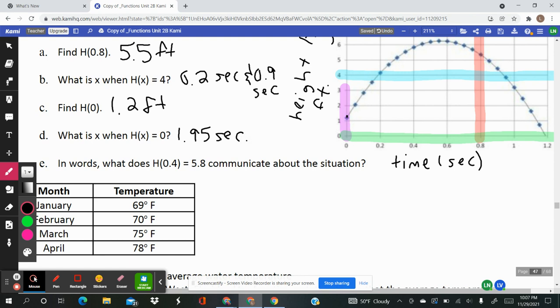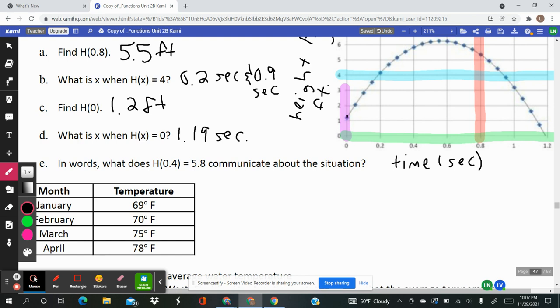So some of these we're just going to be estimating. If you would have said 1.9, that would have been appropriate. Oh, I apologize. It can't be 1.9. It could be 1.19. And the reason being, 1.9 is much larger than 1.2. So we can say it's 1.19 seconds. Not quite 1.2, but close.